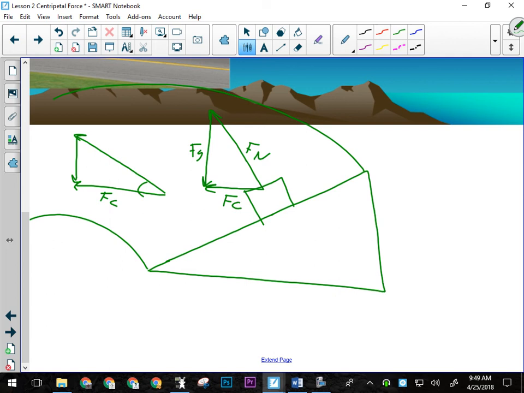Now, there's a problem with that, though, in that if I make this really, really steep, from an inclined plane perspective, this triangle is also still there. If I make this too steep, then if I don't go fast enough, I will slide into the middle of it. And that's actually the problem with the NASCAR corners.